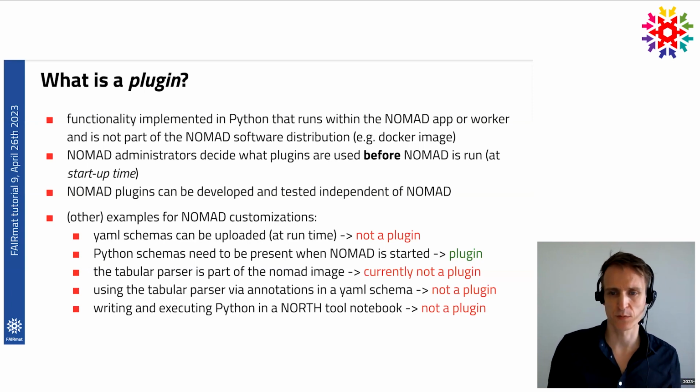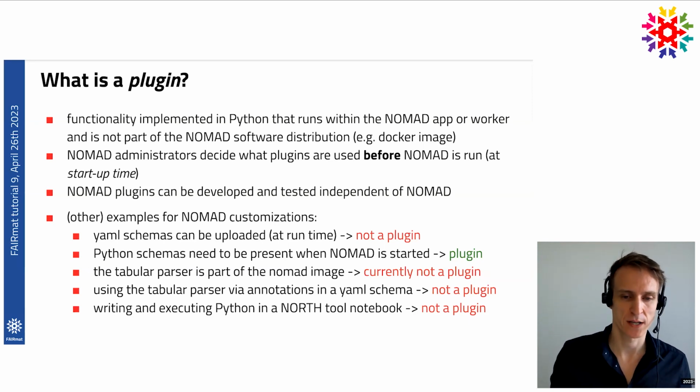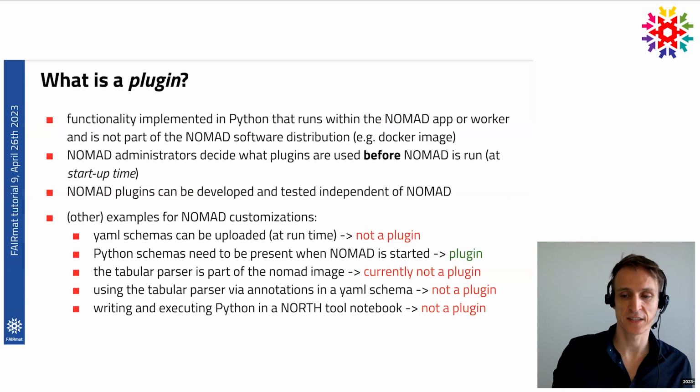There are a few examples of what is a plugin and what is not a plugin. The aforementioned YAML schemas are not a plugin. They are uploaded by users. Everybody can create one. There are no limitations to it, but you can't really add any logic to the processing, right? So they are not a plugin. Python schemas, on the other hand, basically are a plugin. The tabular parser that we already have technically is not yet a plugin, right?